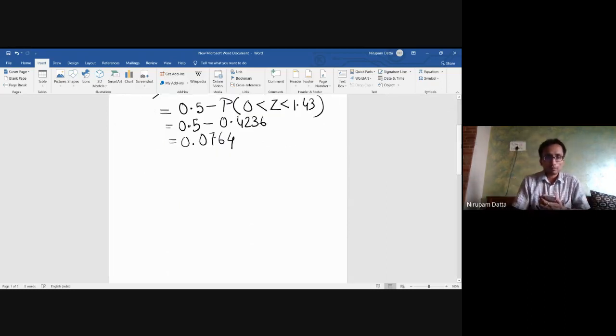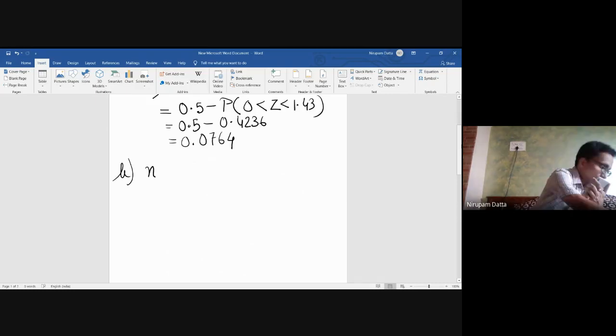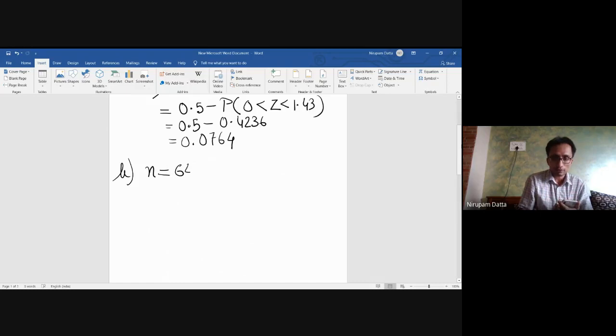Now part B of the problem. The sample size now is 64 students, that is n is equal to 64.